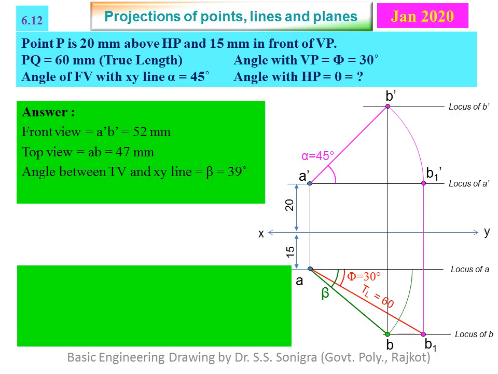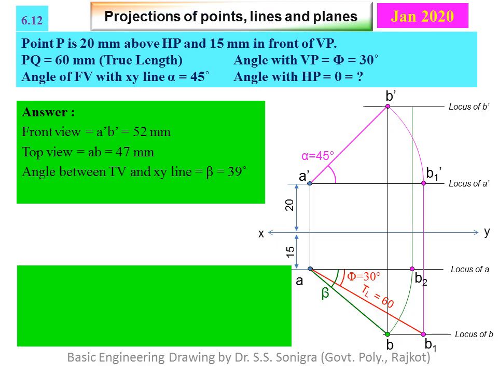Now what should we do to draw its true length in front view? So for that, first of all, make its top view parallel to XY line, means take A as a center, AB as a radius, draw an arc that will cut locus of point A at this point, that is point B2.